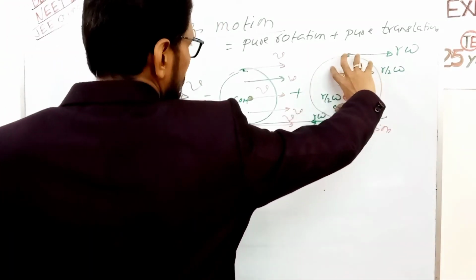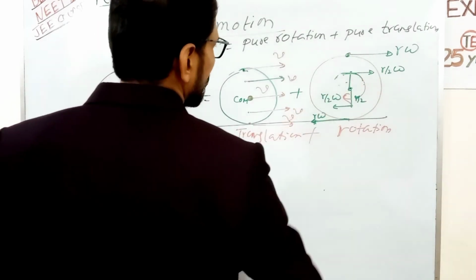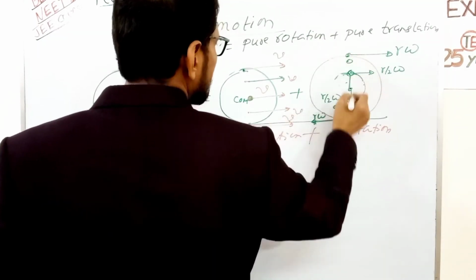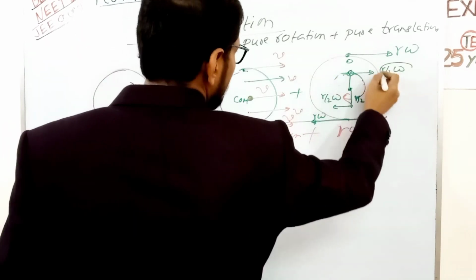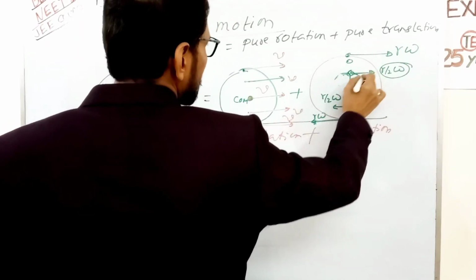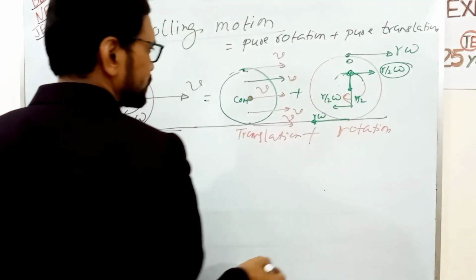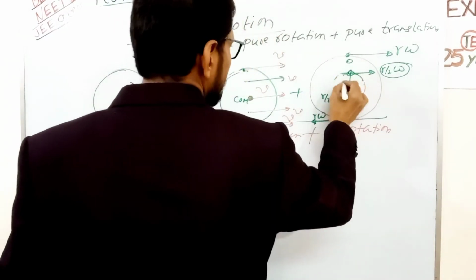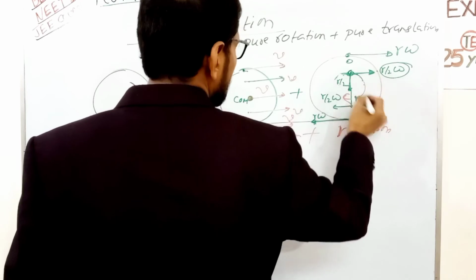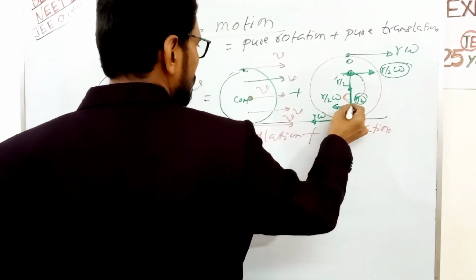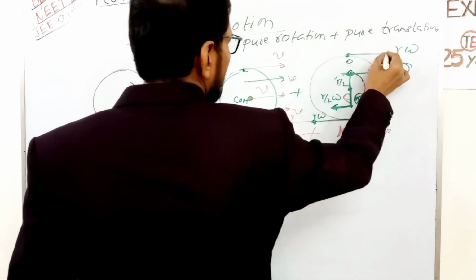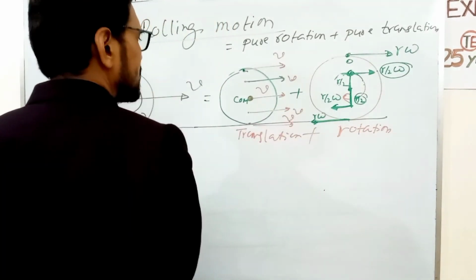Omega for every point is constant, but due to different distances, linear velocity is different for each point. This point is at a distance r by 2, so linear velocity is r by 2 omega, in this direction, and r omega at the edge.